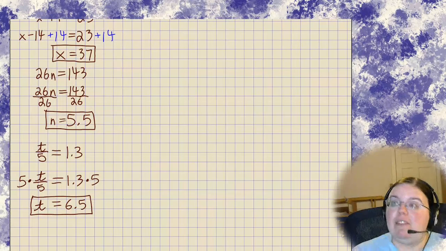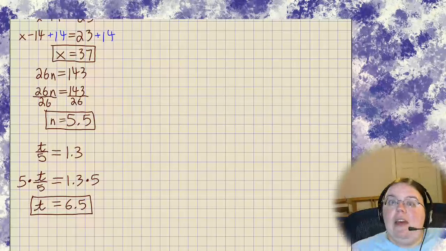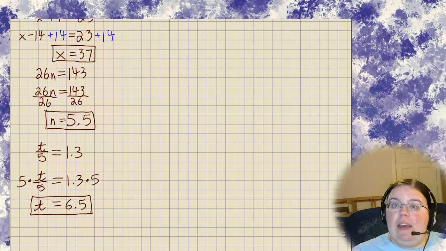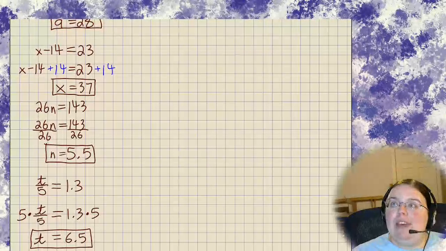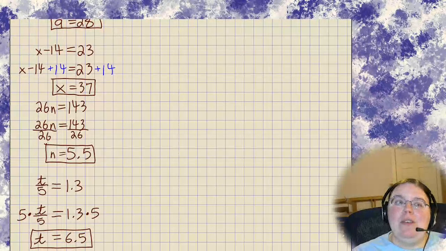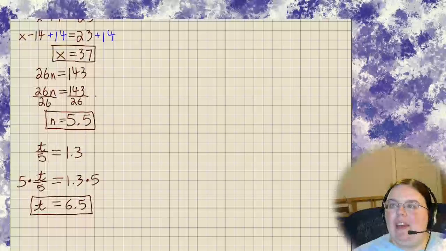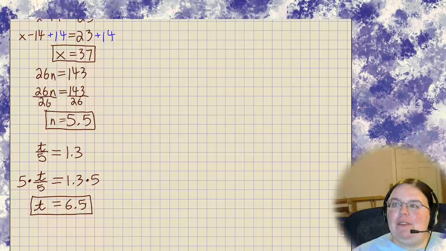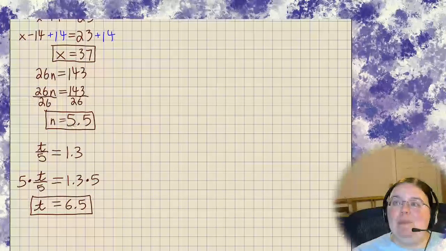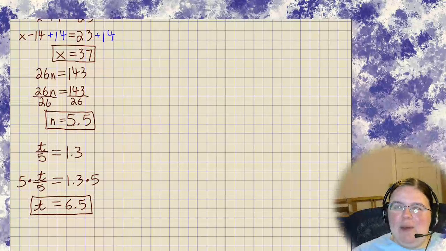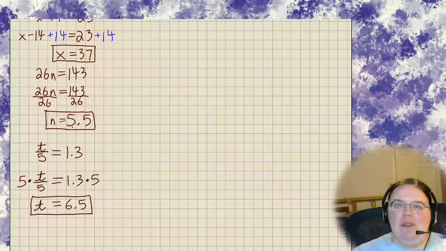Now I want to point something out about this. These are not easily guessed numbers. 28, 37, you might come up with those if you just keep going up. 5.5 and 6.5, it would take a while. If it occurs to you to check decimals, you might come up with those.